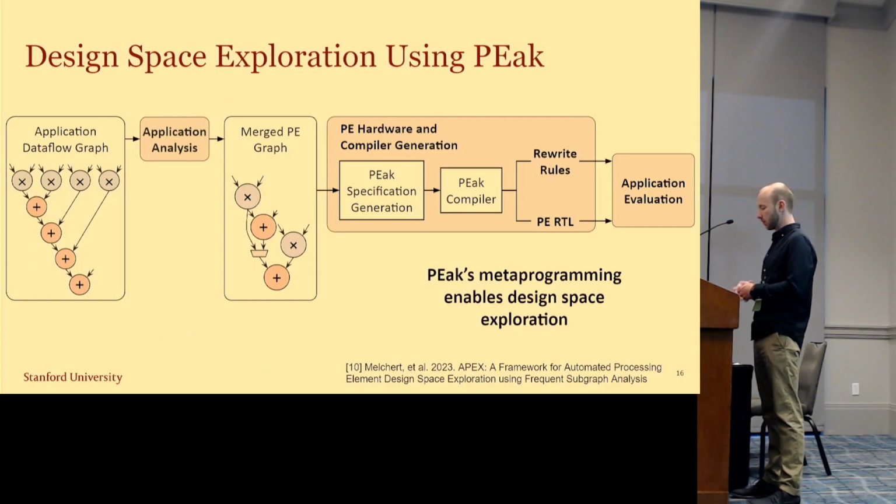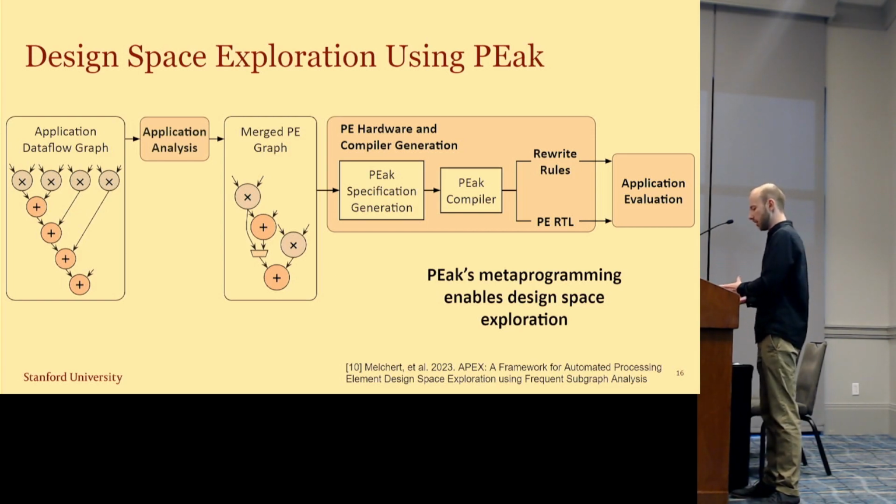Additionally, we also use PEak's metaprogramming ability, since it's just Python, to do this design space exploration project that I presented earlier this year at ASPLOS. In this design space exploration project, we created an automated flow that took an application data flow graph, did some application analysis, created this kind of abstract representation of a processing element that is intended to accelerate this application, and then ran that through a PEak specification generator.